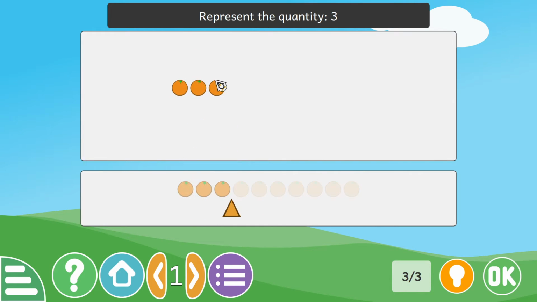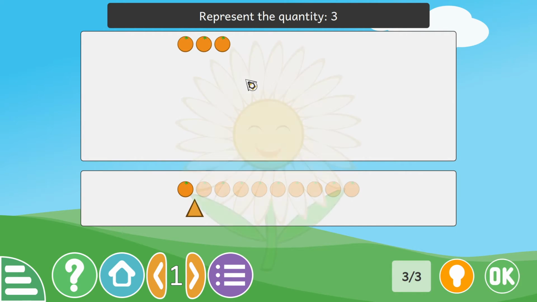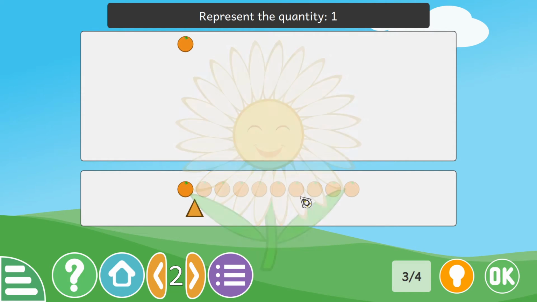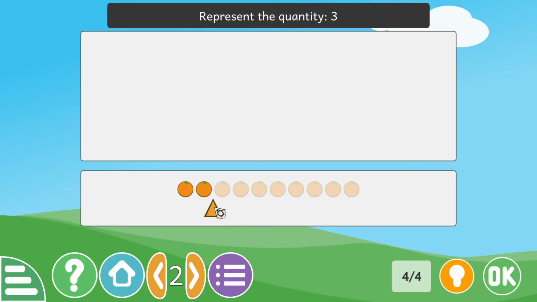I've been requested 3 again, so I'll give them one lot of 3. And 2. 4. Just 1. And 3.